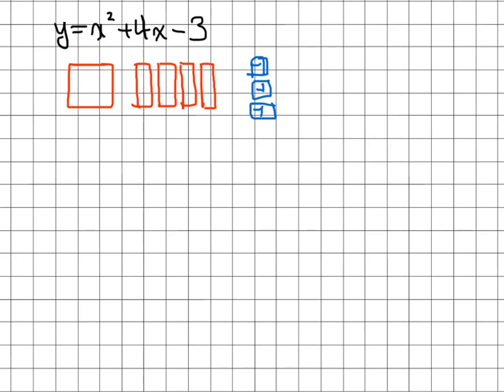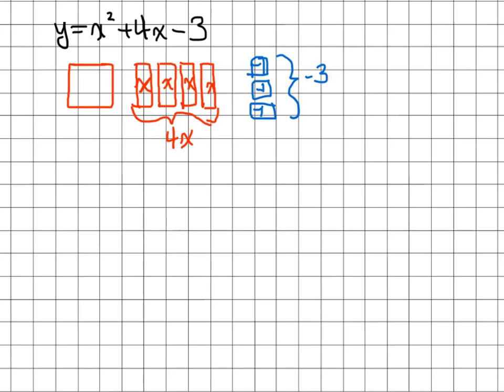So we would have a width of 1 and a length of x, and so area model, x times 1 is x. So I have x, x, x, and x. So I now have my 4x. So these all represent 4x. And I will write -3 beside these guys.